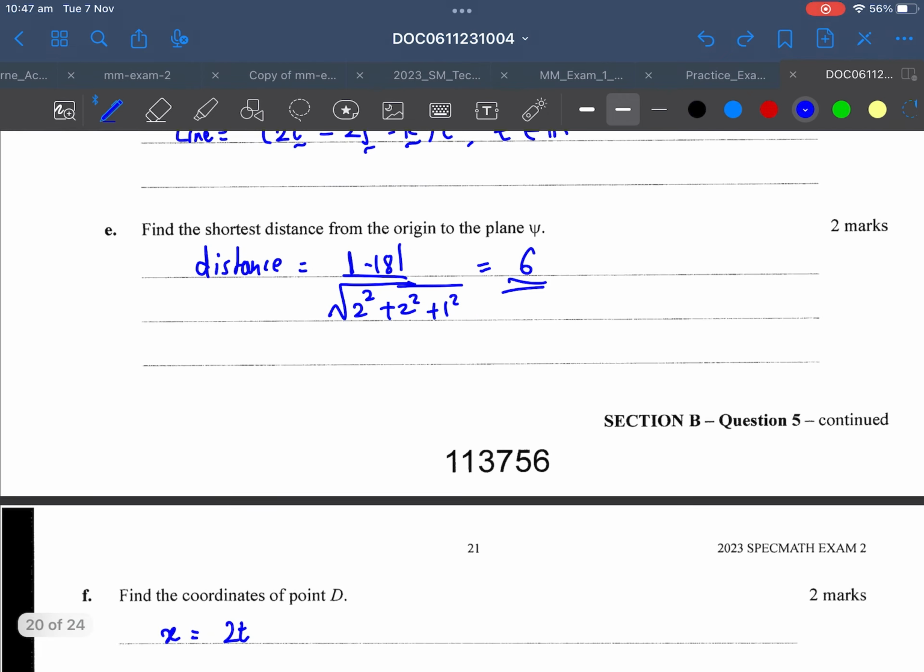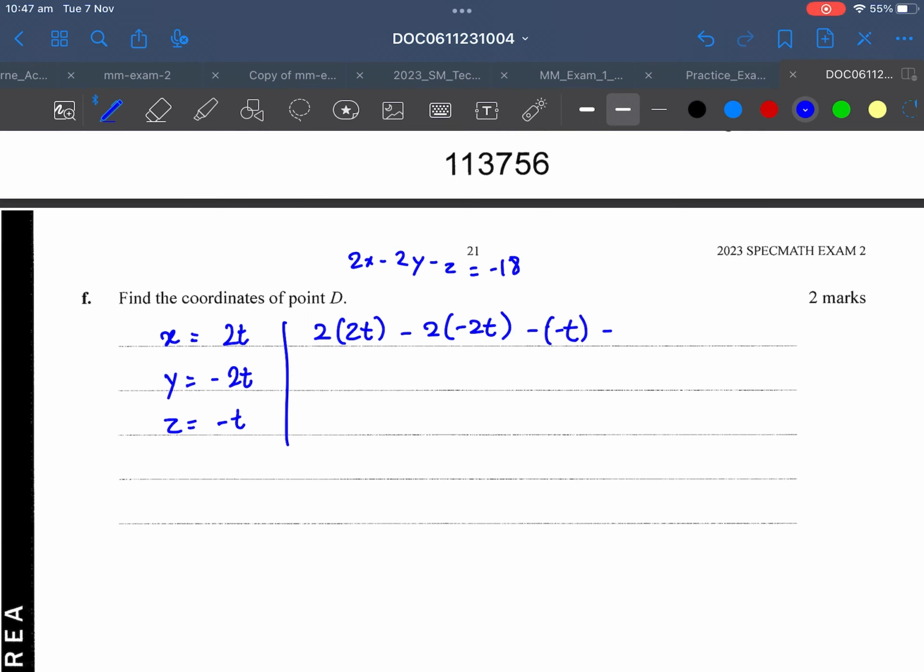Yep, and now we can just substitute that into the equation of the plane, which is going to be 2x minus 2y minus z equals minus 18, I believe. So we substitute x, y, and z in here. We'll get 2 times 2t minus 2 times negative 2t, and then minus t equals minus 18. So 4t plus 4t plus 4t plus t equals minus 18.